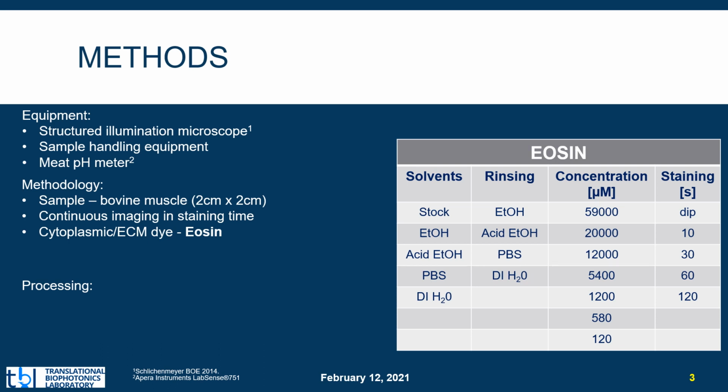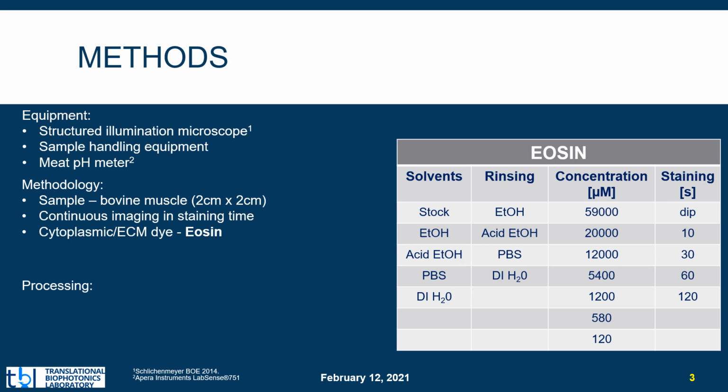We did 5 time points of imaging: after a short dip, 10, 30 seconds, 1, and 3 minutes. Concentrations and imaging points for eosin and other stains were chosen to be around our current imaging protocol. Also, they reflect our interest in intraoperative virtual pathology, so longer staining time with lower concentration was not something that we investigated.